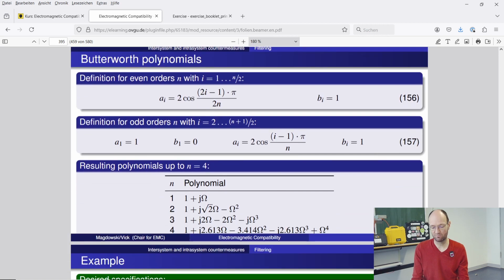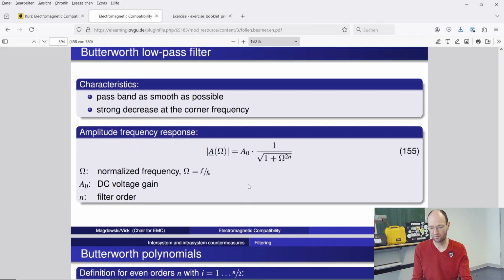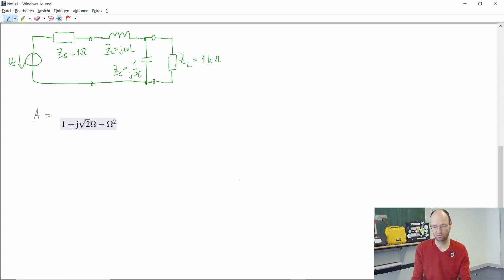And I think because this is complex here, it's really this function. So we can check there's some A0 at the top in the numerator of this fraction. So at the end, we should end up with something like this for our filter. That's the goal.